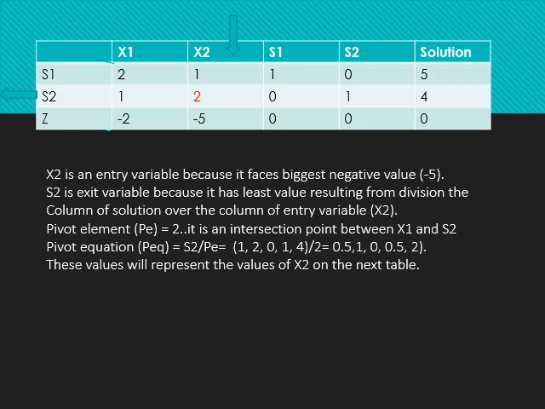The elements, or the cells, of this primal table are the coefficients of equation S1, equation S2 and equation Z. So 2 is the coefficient of x1 in the first constraint, respectively 1 is the coefficient of x2 and 1 is the coefficient of s1 in the first equation.